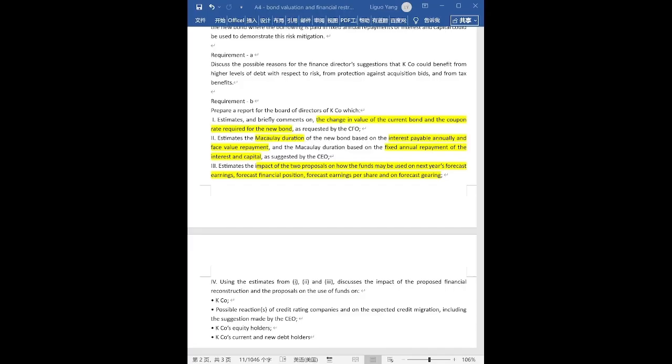So let's deal with the first scenario, that the bond is based on the interest payable annually and the face value repayment.